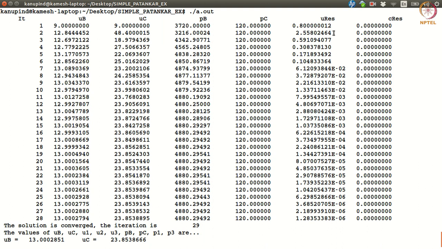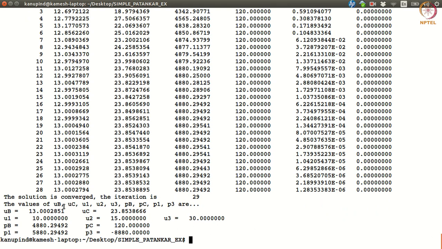Okay, whereas the momentum residual, you can see that it slightly increases and then it starts to decrease all the way to 1e minus 6, and because PC prime was set equal to 0, so PC remained at its fixed value of 120. That was the initial guess, and PB of course changed, and the solution converged in 29 iterations, and UB and UC values converged to 13 and 23.